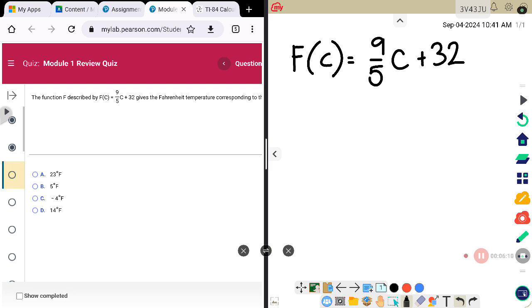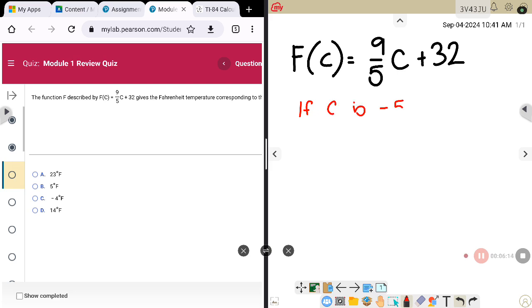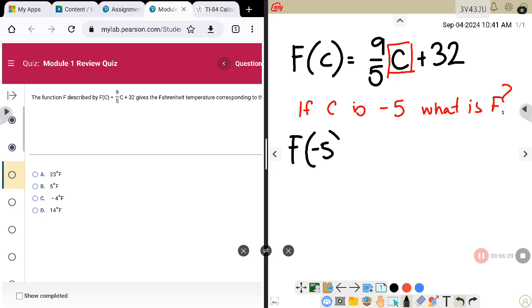So if the Celsius is -5, what is the Fahrenheit temperature? So what you're going to do is you're going to replace the C with the Celsius temperature. So you're actually finding F of -5. So 9/5 times, that's where you're going to put the -5 plus 32.